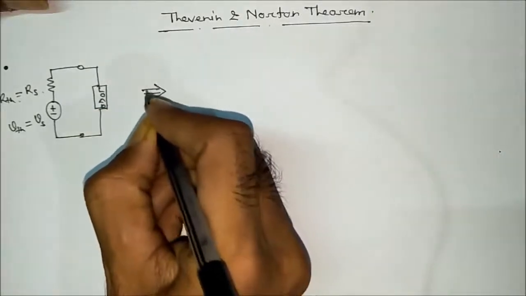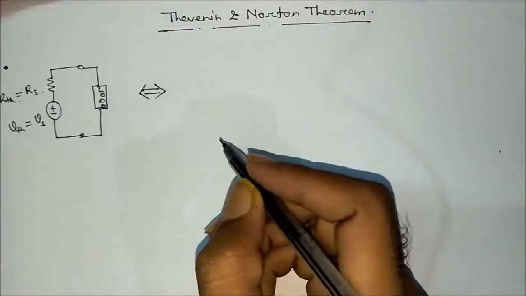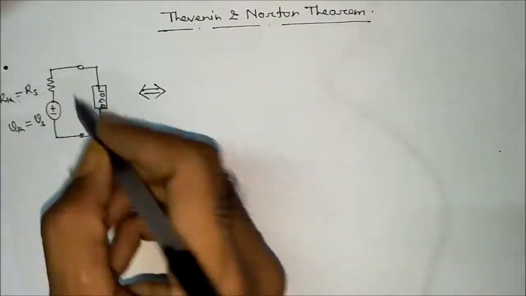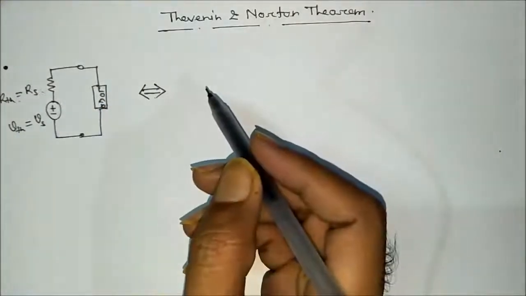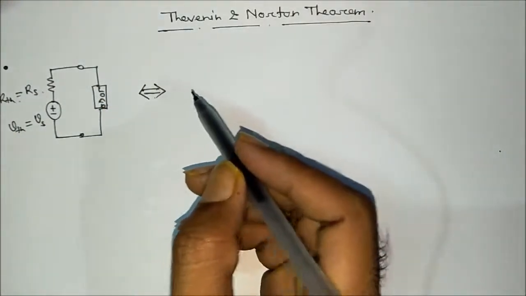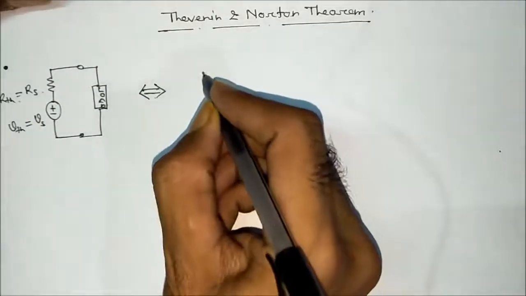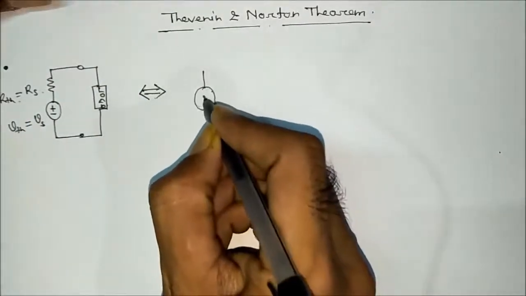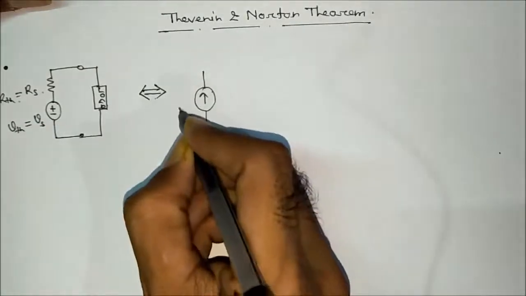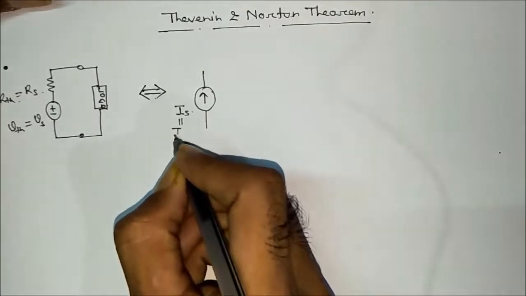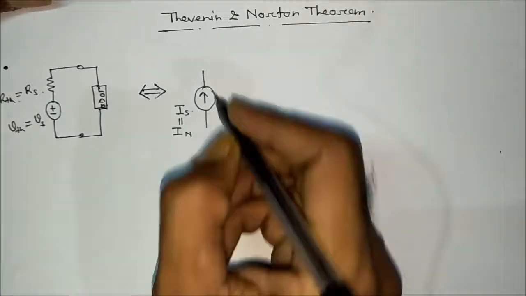Now we know that from the source transformation principle, a practical voltage source can be converted into its practical current source equivalent. So if we convert this into its current equivalent, what I will get is a current source Is, or equal to In.